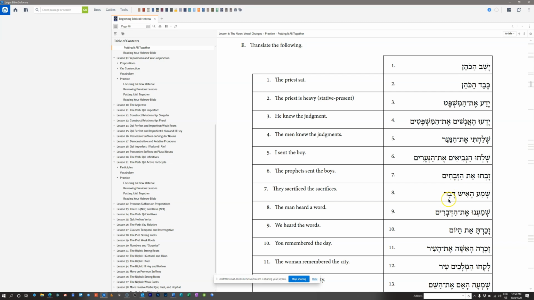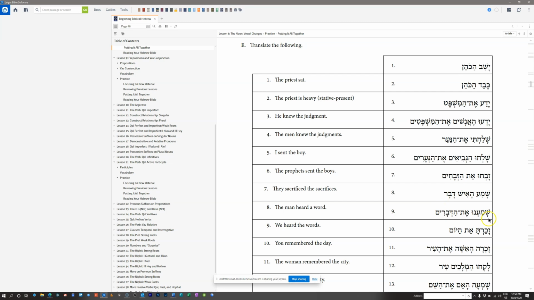Now, davar does not have the definite direct object marker with it because davar is not definite. So that definite direct object marker will occur on the direct object only when the direct object is definite. So we would translate then as subject, verb, object in English. So we have the man heard a word, or davar could be like a message or something like that.